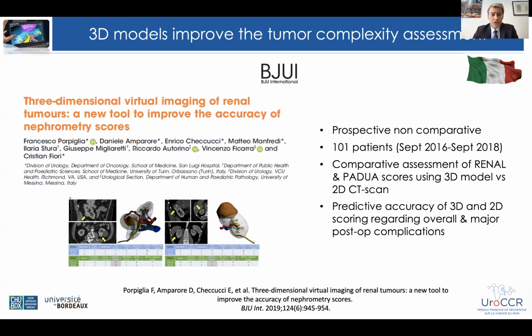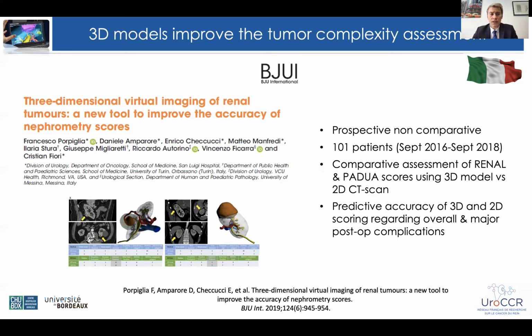So we can refer to the first publication of Porpiglia's team, published in 2019. This was a prospective non-comparative study involving 100 patients between September 2016 and September 2019. And the authors made a comparative assessment of RENAL and PADUA scoring using 3D models versus 2D CT scan.